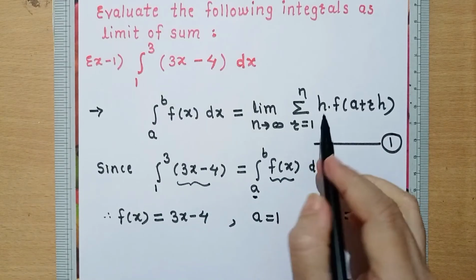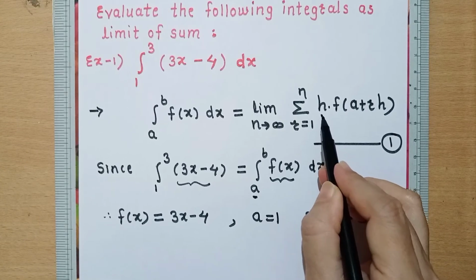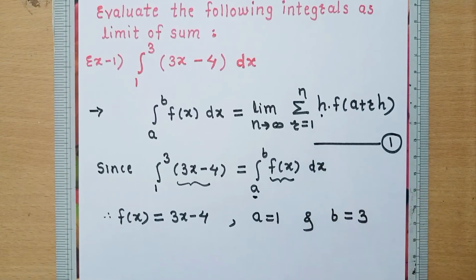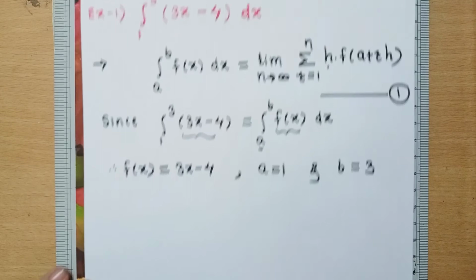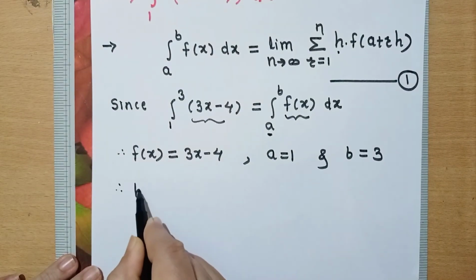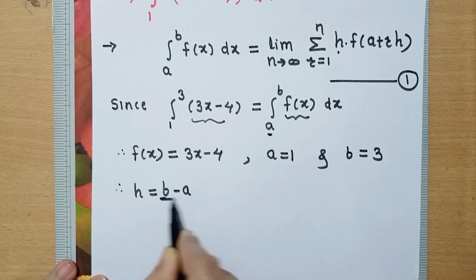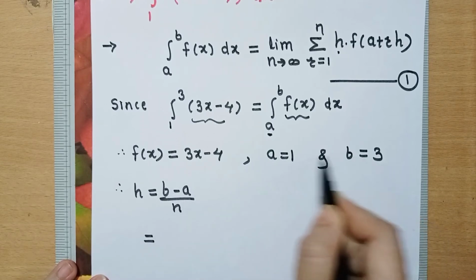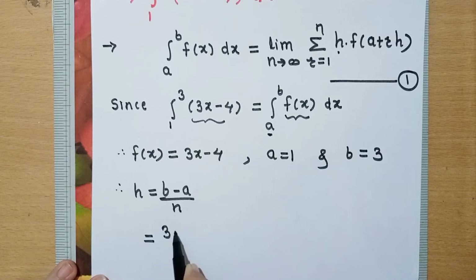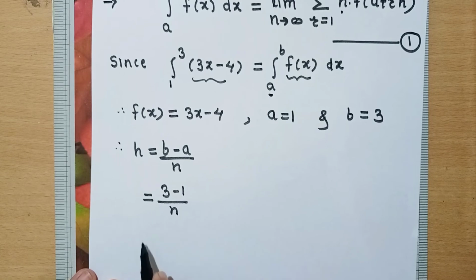So by this formula first we will find the value of h and then f of a plus rh. Therefore h is equal to, we know the formula, b minus a upon n. Just substitute values: b is 3 and a is 1, so 3 minus 1 upon n. Again 3 minus 1 is 2, and we will move this n to the left hand side.